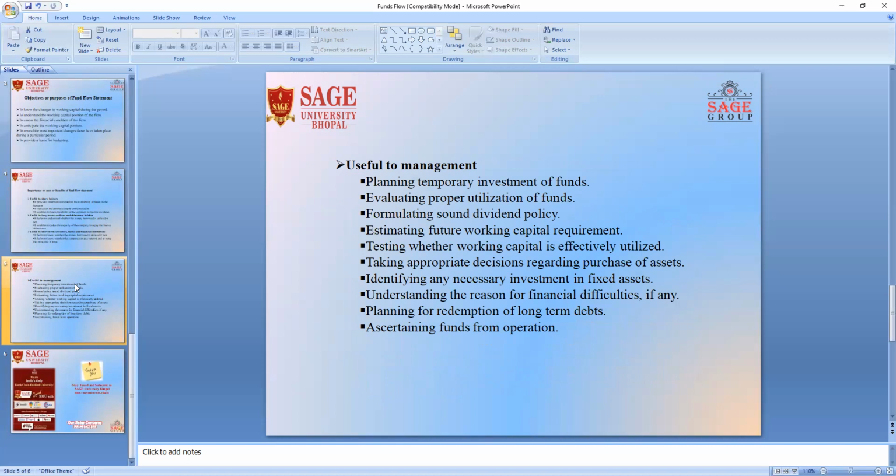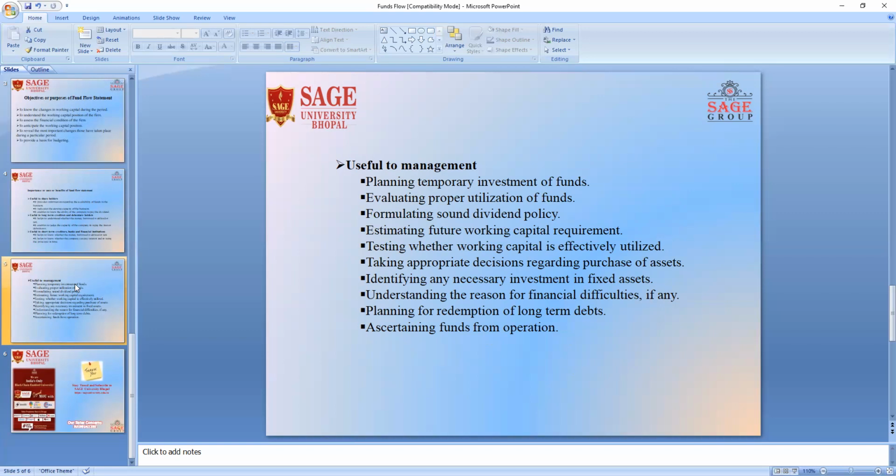So how we can utilize the funds, how funds can be controlled, how proper utilization of funds has to be done, and formulating a sound dividend policy. As we know that shareholders will be looking for the dividend, and we can formulate a very good dividend policy, and estimating future working capital requirements.